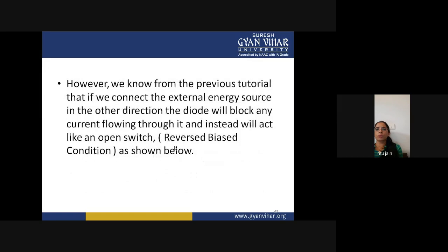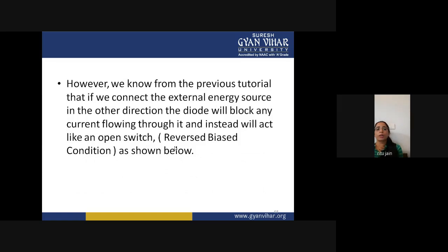Now let's come to the next point, which is reverse biasing. We know from the previous tutorial that if we connect the external energy source in the other direction, the diode will block any current flow.